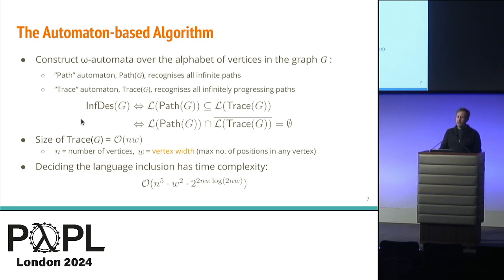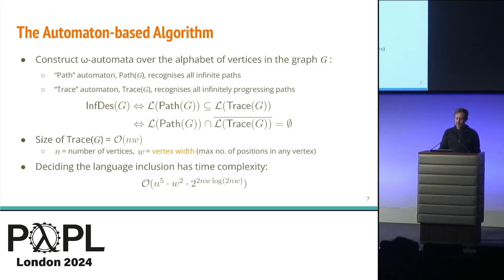And then checking the infinite descent property amounts to checking an inclusion of the path automaton within the trace automaton, which of course is equivalent to checking emptiness of the intersection of the path automaton and the complement of the trace automaton. So it's this complementation operation which leads to the exponential complexity of checking the infinite descent with this method.